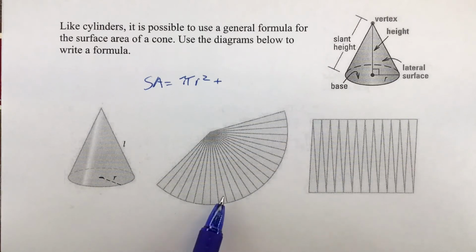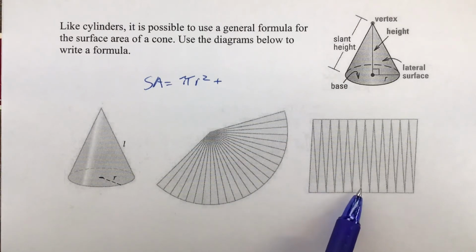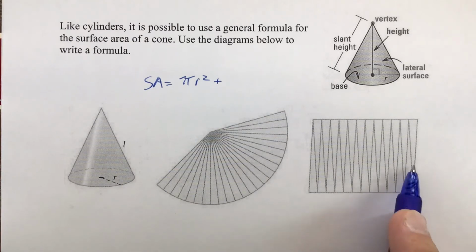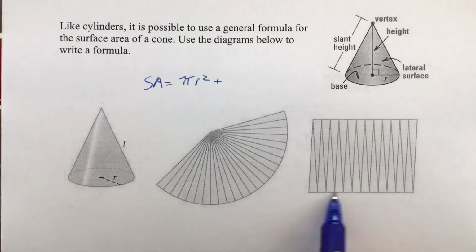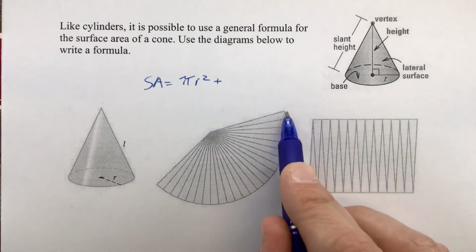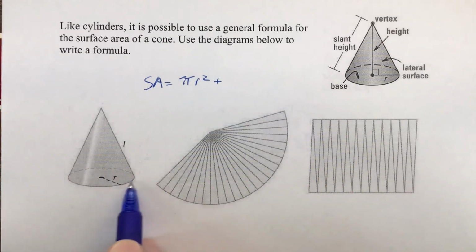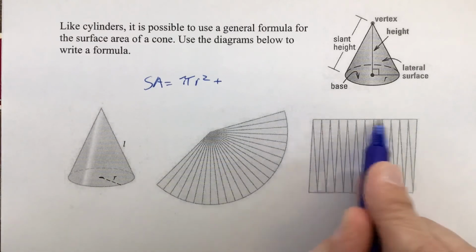And if we take all those pieces and interlock them up and down, we can basically create a rectangle out of them. Okay, so if we can calculate the area of this rectangle, that would be the lateral surface area of the cone. The length of this side here is going to come from the circumference of the base, but it's only going to be half of the circumference because the other half is on the top there.